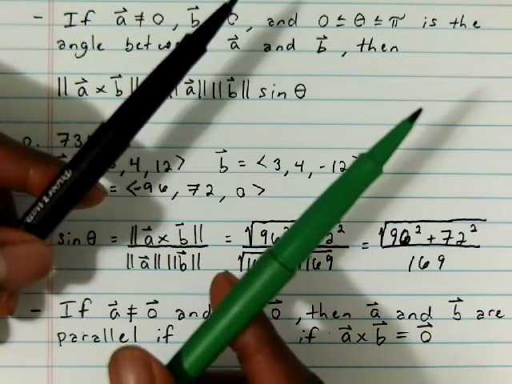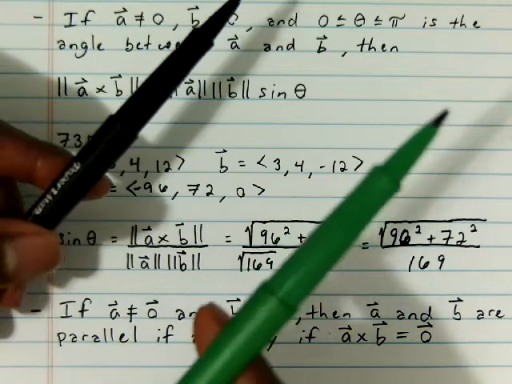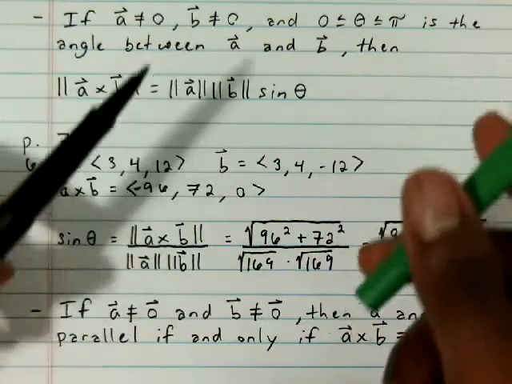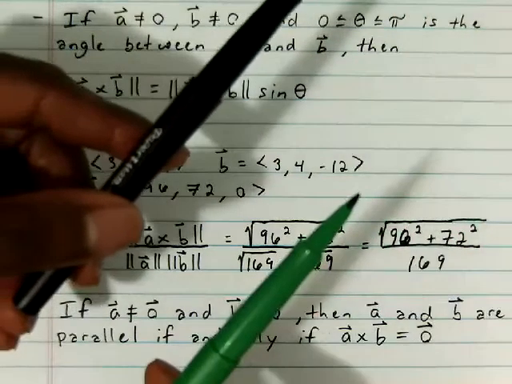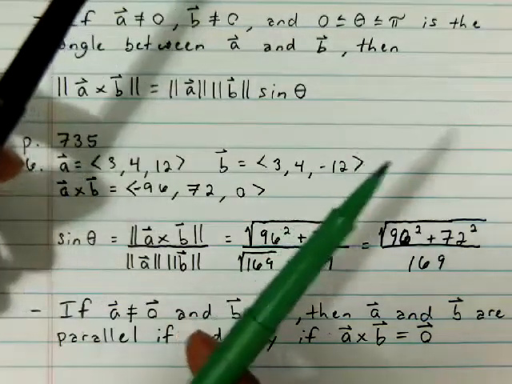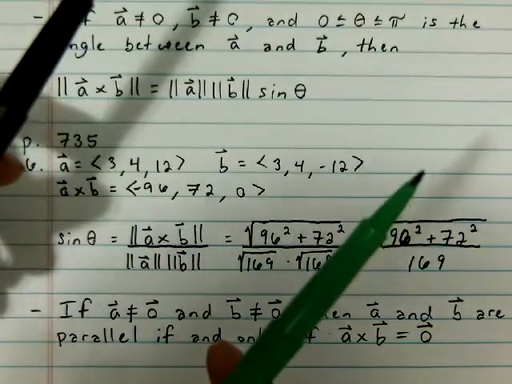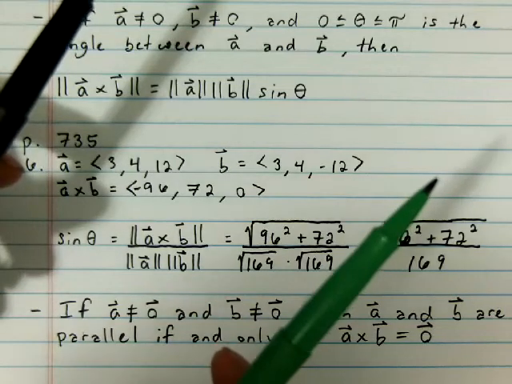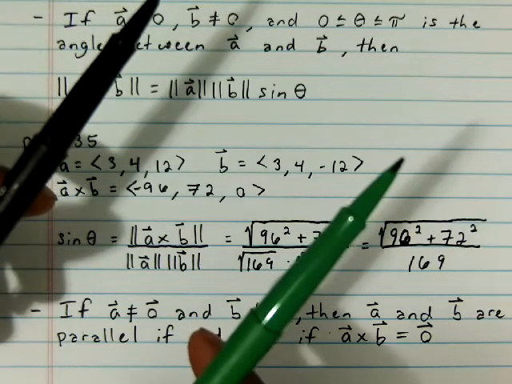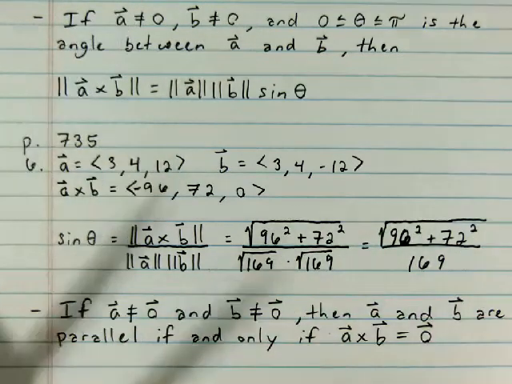It doesn't matter where they are, they're still parallel. We can move them around no matter what. They will never cross one another unless, of course, they're the exact same vector. So the way that we can determine whether two vectors are parallel without having them visually is just by computing the cross product between the two and seeing if we get the 0 vector.